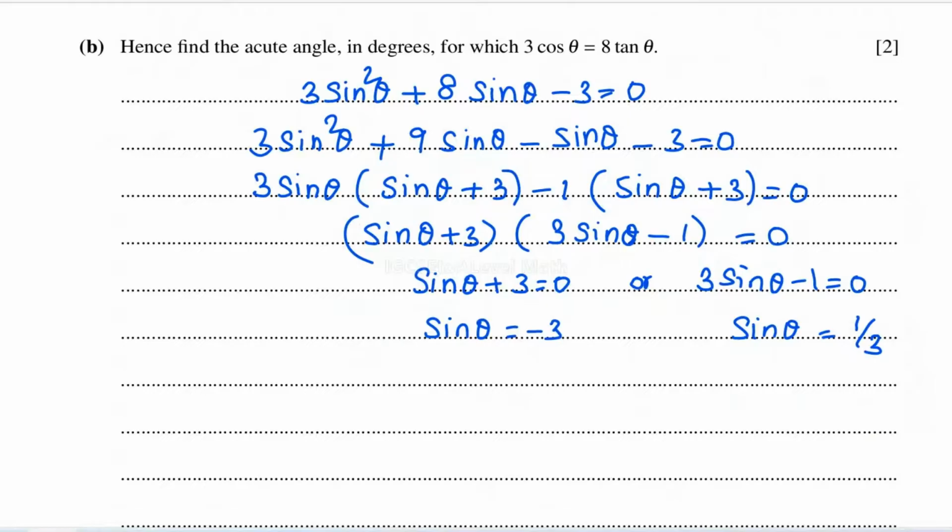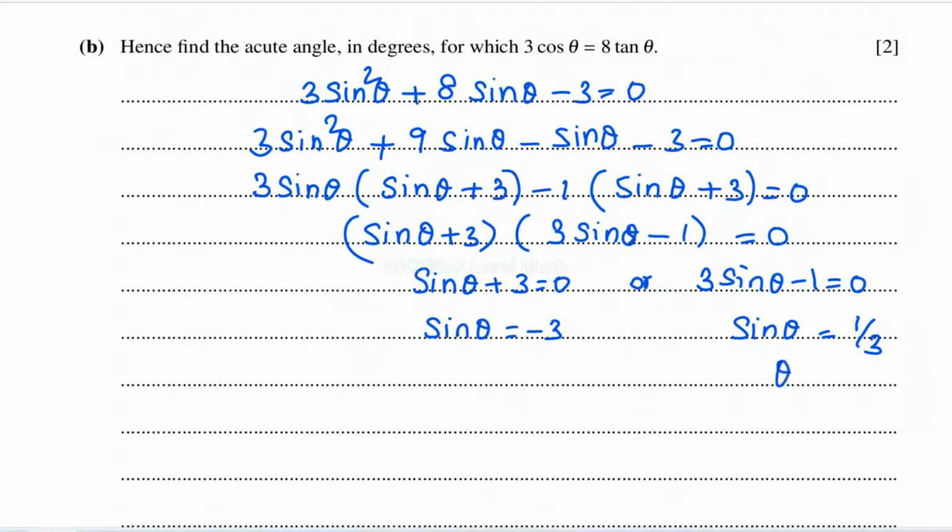So we have no value of theta for which it satisfies the given condition, that is sine theta equal to negative 3. So sine theta equal to negative 3 has no solution.